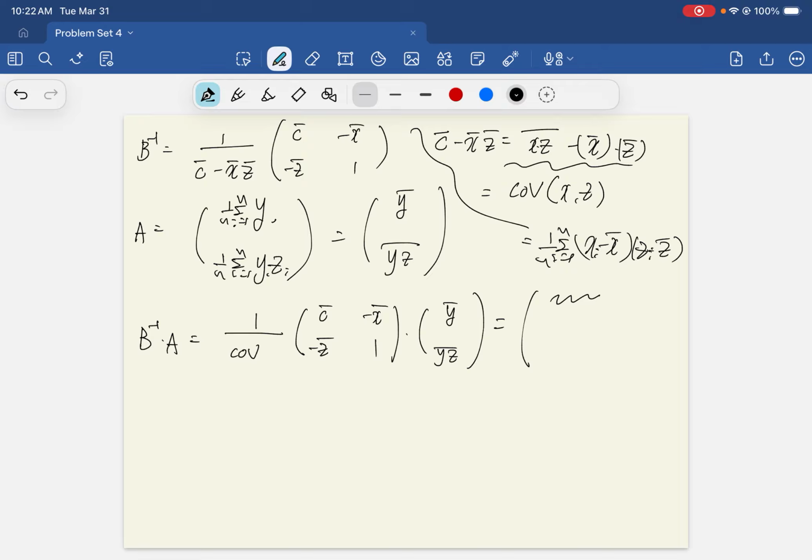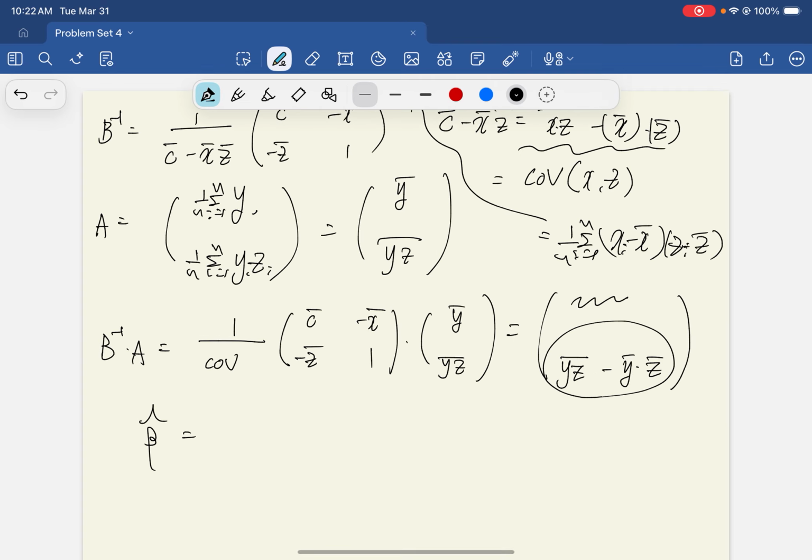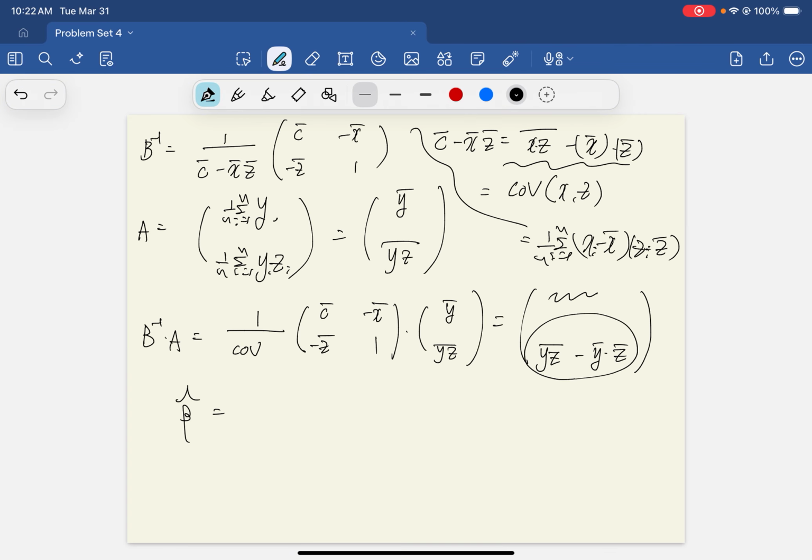And we are going to calculate the second element, this guy. Okay? So then beta hat, the second element, equals, so the denominator is xz bar minus x bar times z bar, and numerator is yz bar minus y bar times z bar.